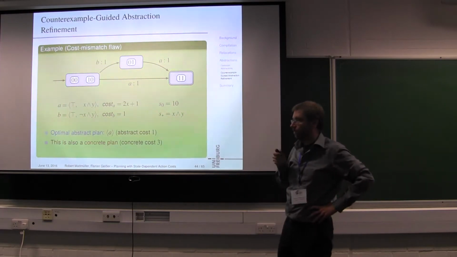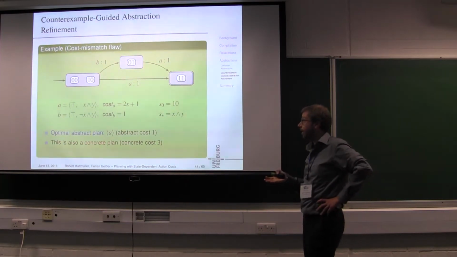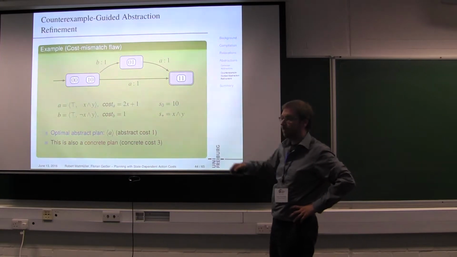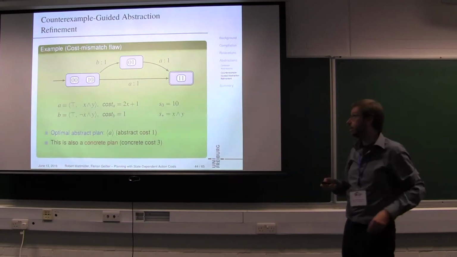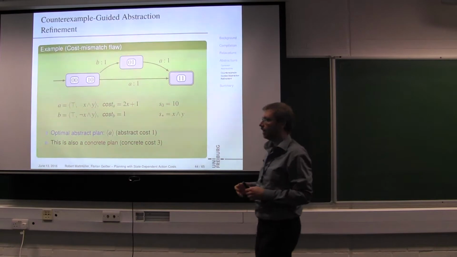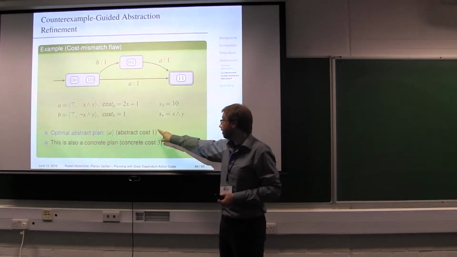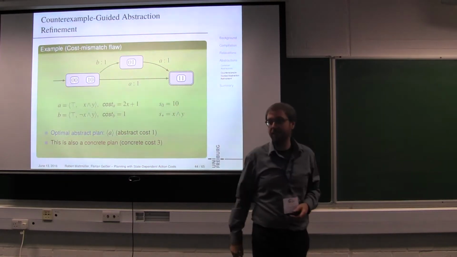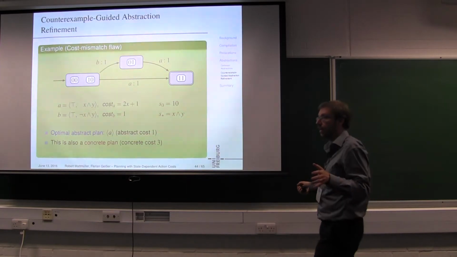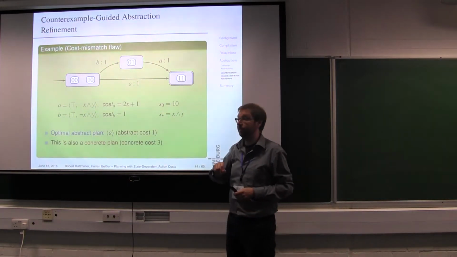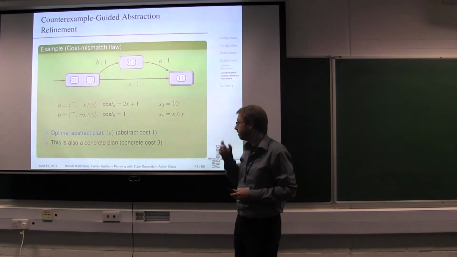Unfortunately, on the one hand, it's also a concrete plan. A is applicable here, but it's more costly. It costs 3 in the concrete state. And now, what do we do about this? We could, of course, use these abstract costs as an abstraction heuristic value, but then we would unnecessarily underestimate the distances.